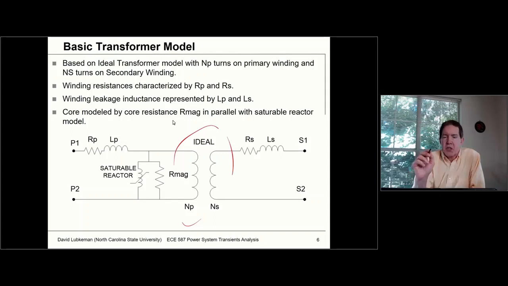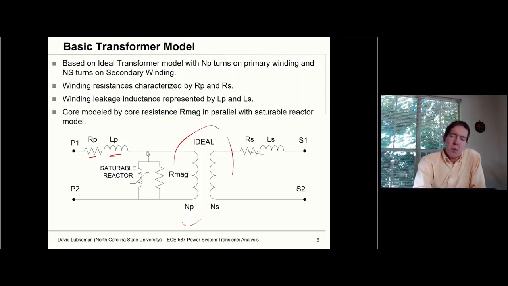And when we model the windings in more detail, for the primary winding, we're going to have resistance, and we're going to have some leakage where the flux leaks to the outside air. So that's represented by RP and LP. We're going to have series resistance and air leakage on the secondary side, represented by RS and LS.